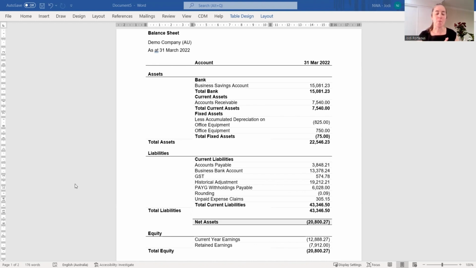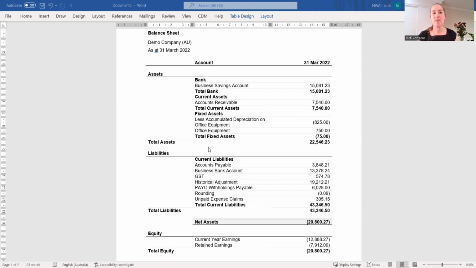So we can only go backwards in time with the balance sheet. We can't go forwards and know those numbers. We can project it, but we can't know those numbers. So a balance sheet is always a backwards in time look at what position your business was in at a particular date. They also call this report the financial report of position of where you're at.